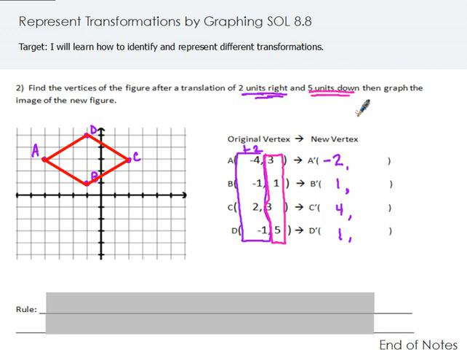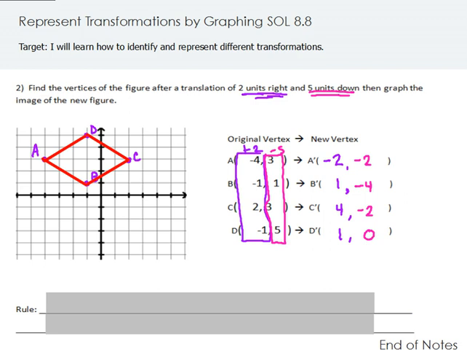So the operation there would be a subtraction of 5. So 3 minus 5 will give me a -2. 1 minus 5 will give me -4. 3 minus 5 will give me a -2 again. And 5 minus 5 is actually 0.